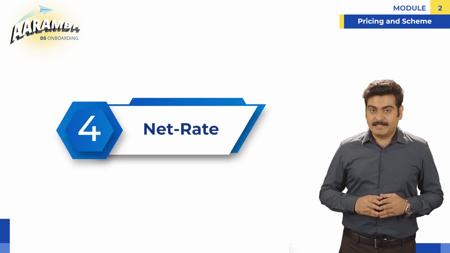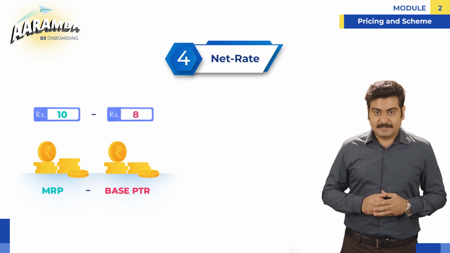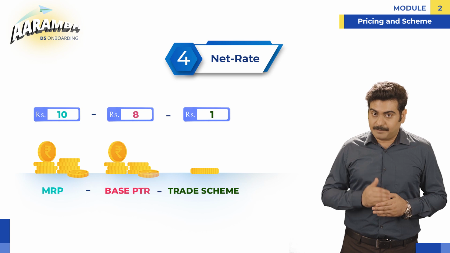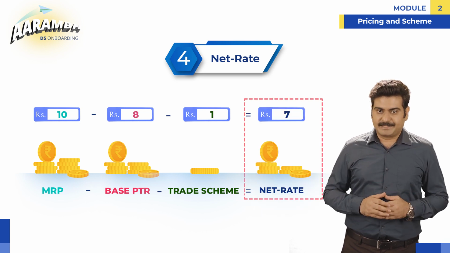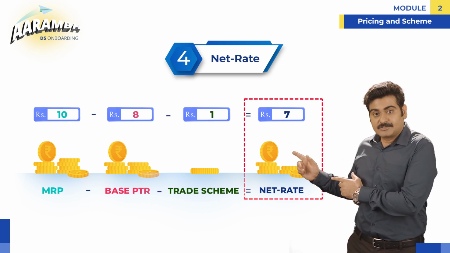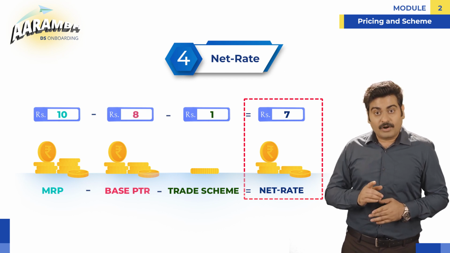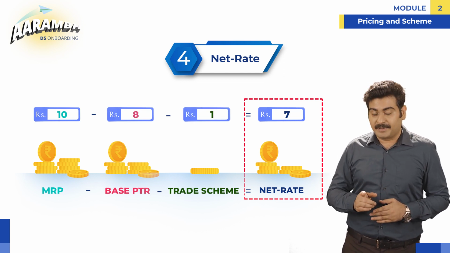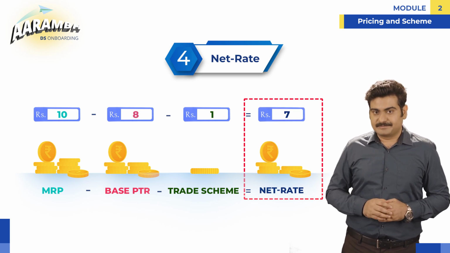Now let us understand what is net rate. The final rate arrived at after deducting the trade scheme from the base PTR is called net rate. Look carefully at the screen. Rupees 10 MRP minus rupees 8 base PTR minus rupees 1 trade scheme, we get net rate, that is rupees 7.